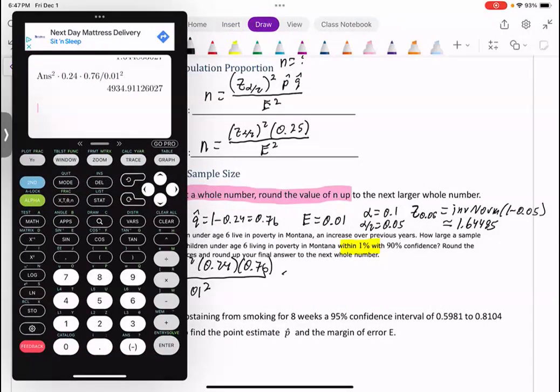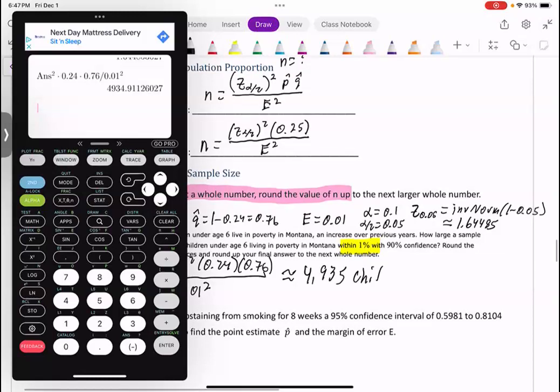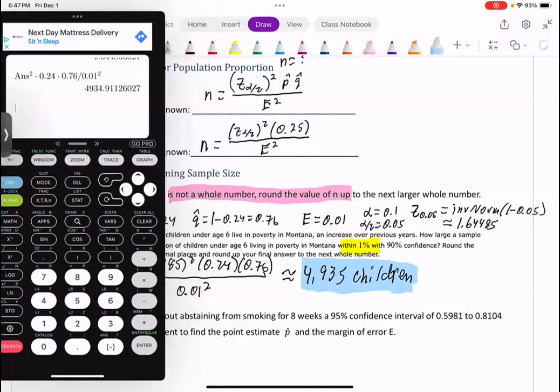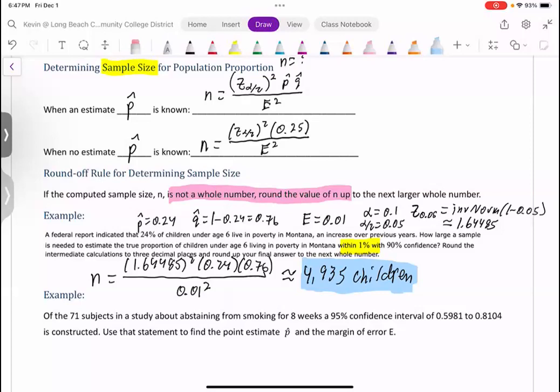So this is about 4,935 children to be 90% confident that we're within 1%. Pretty cool stuff.